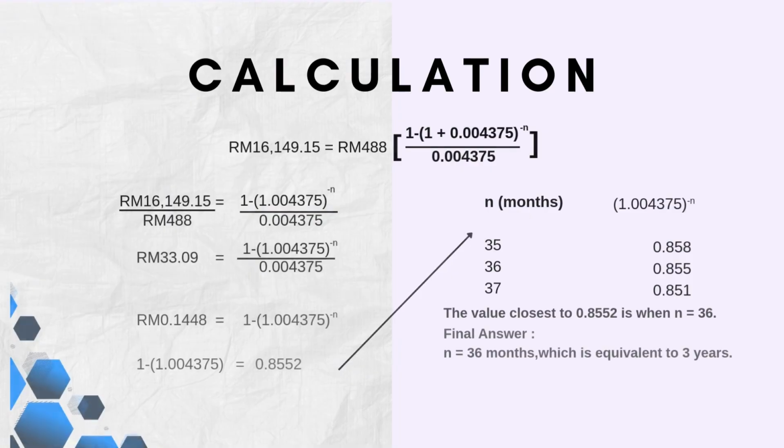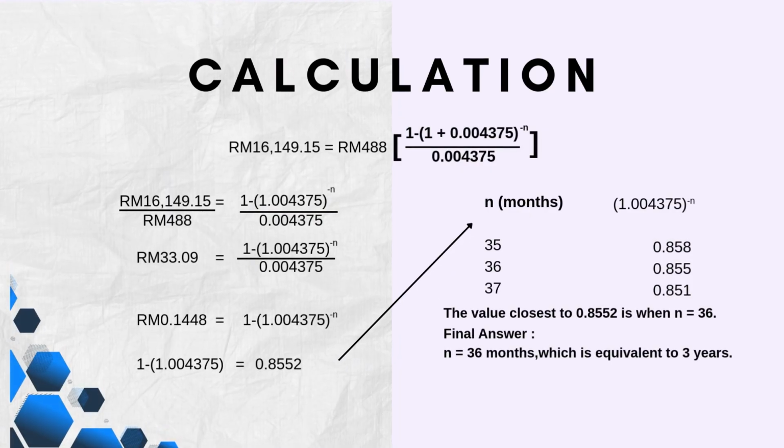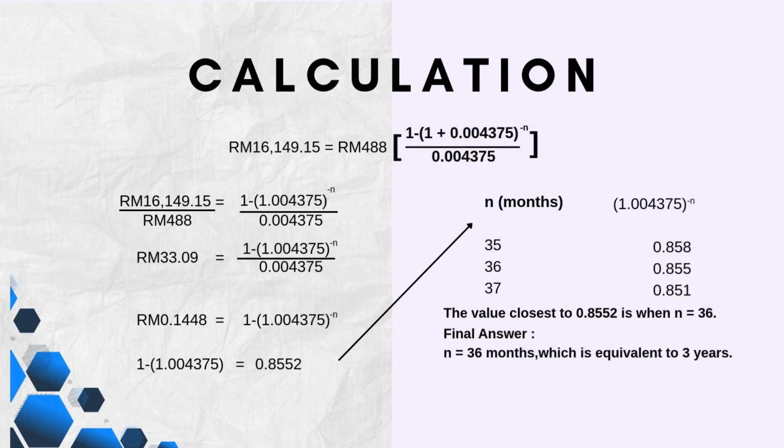We simplify the equation, dividing both sides by RM488. 16,149.15 divided by 488 equals 1 minus open bracket 1.004375 close bracket to the power of negative n divided by 0.004375. We get 33.09.